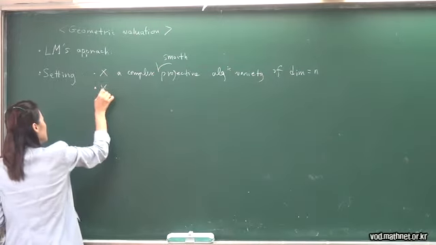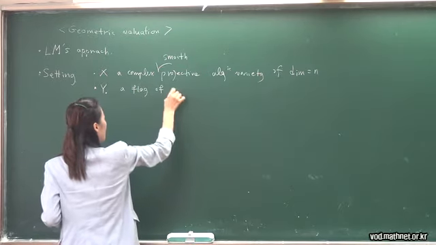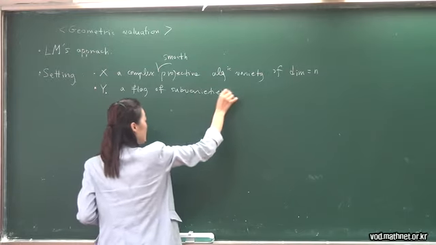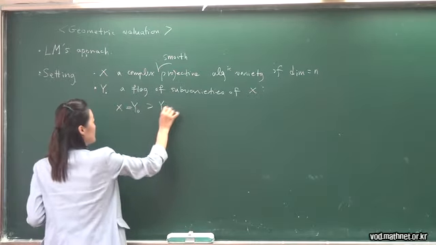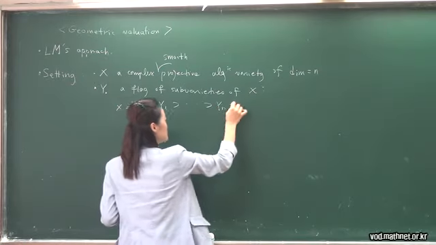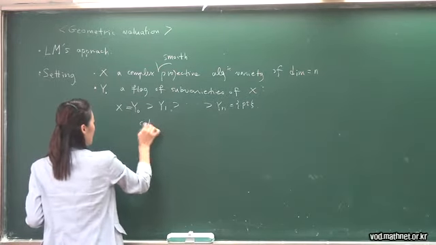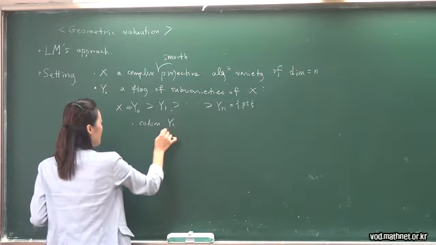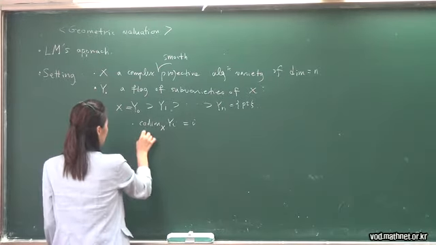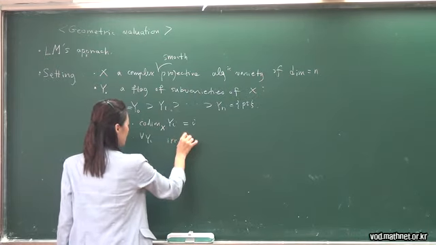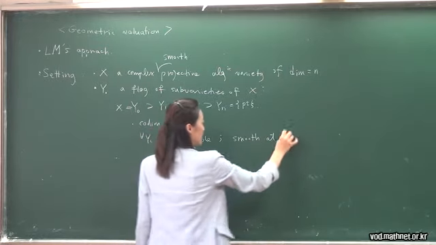And now we fix a flag of subvarieties of X. Namely, the first one is X, it goes Y1, ..., Yn, and the last one will be just a point, such that the codimension of Yi in X is i, so the dimension goes down by 1, and all Yi are irreducible, and it's smooth at the point Yn.